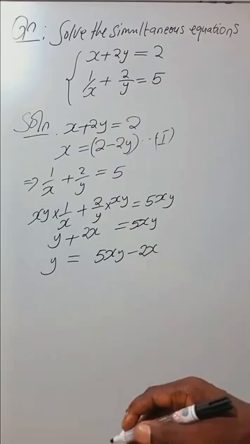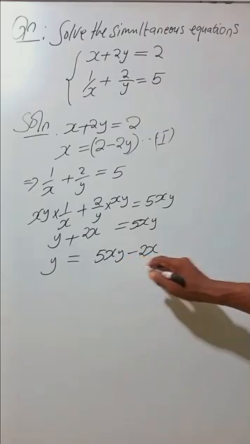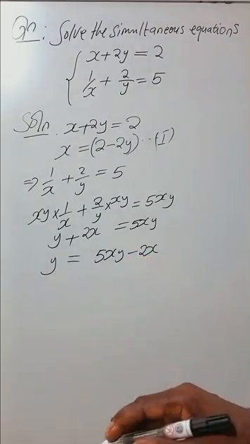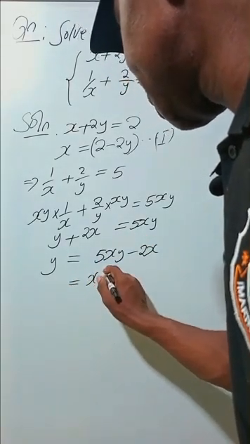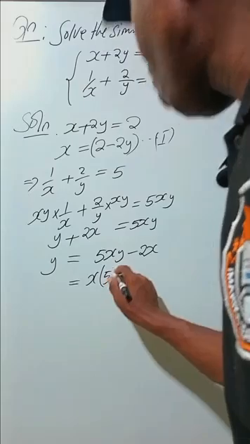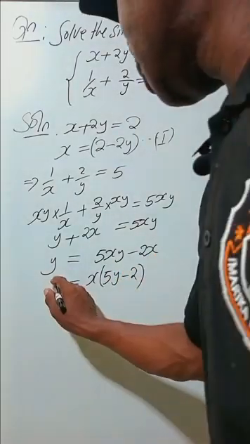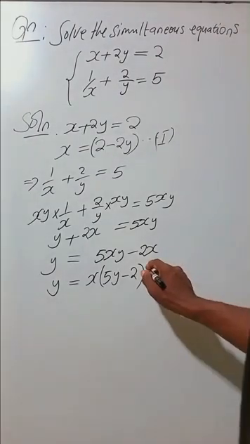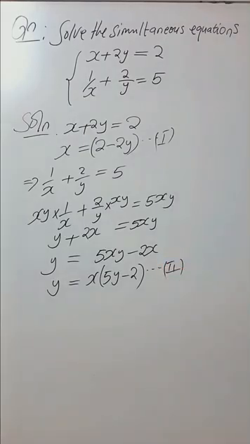The simplest thing we can do here is to take out the x. So if we take out x here, we shall have x times 5y minus 2. So y is equal to x(5y minus 2). Okay, let's not go any further. Let's call this equation number 2.